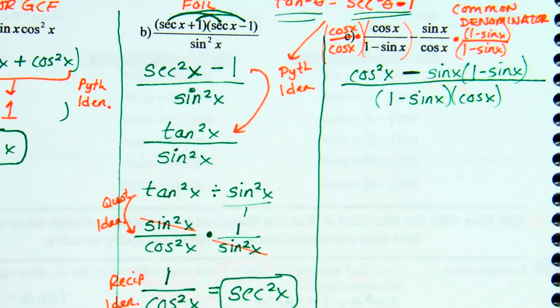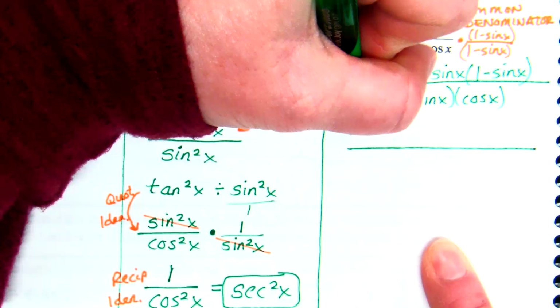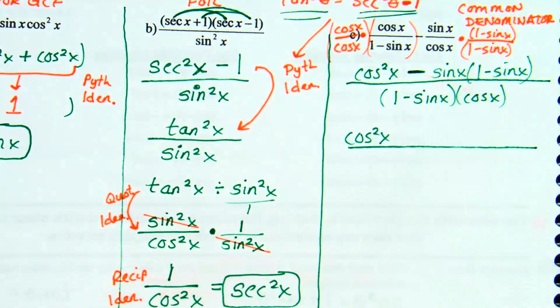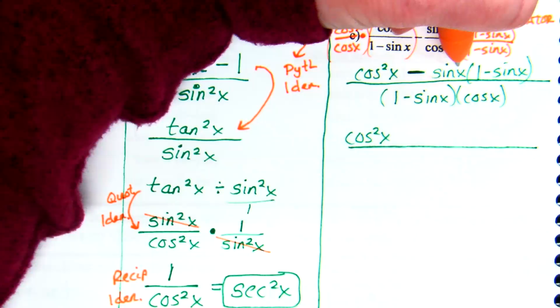Okay, so let's start by cleaning up this numerator, which means cosine squared x is cosine squared x. How do we multiply sine x times 1 minus sine x? FOIL, or distribute.